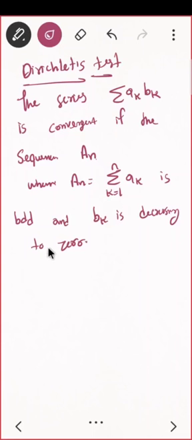Now here also you want to say that summation of ek bk is convergent, and given the two things, the first is that en must be bounded, where en is the sequence of partial sums. Recall, when do we say summation of en is convergent?